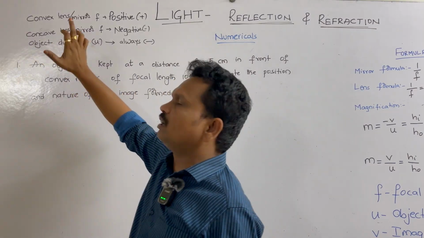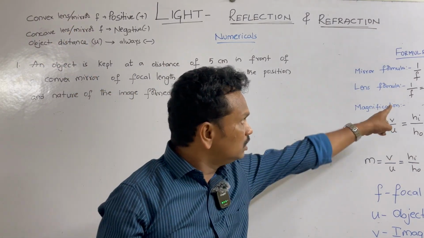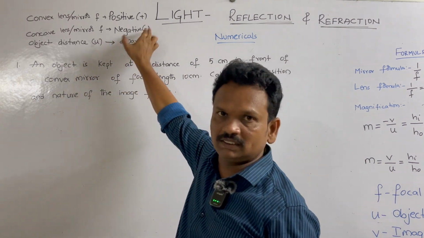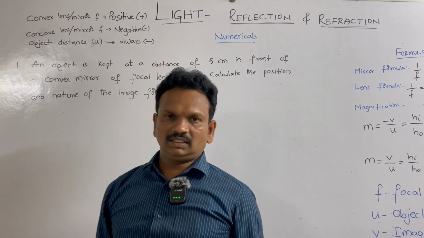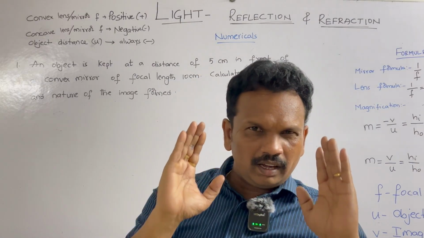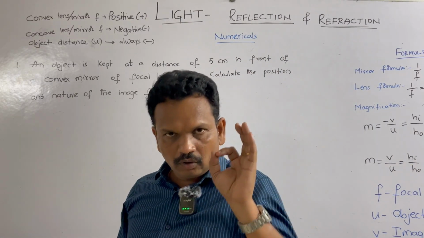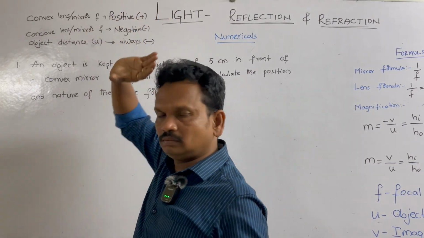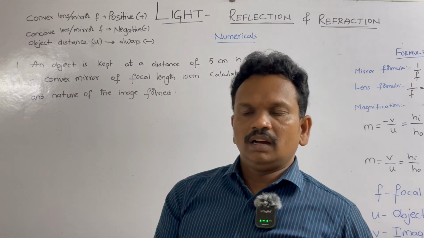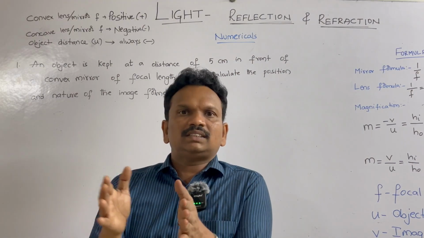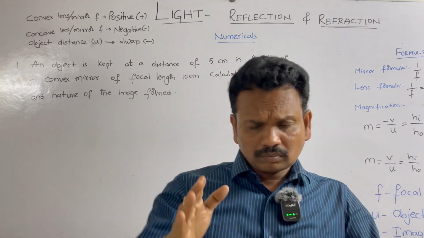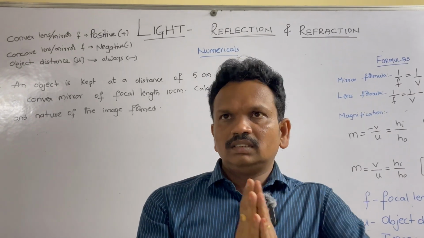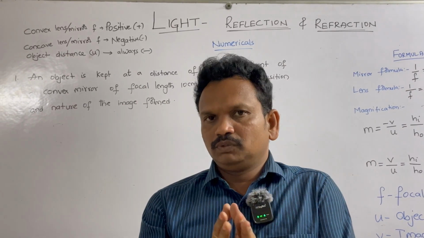Concave lens or mirror, its focal length f is negative, meaning minus. Object distance u is always negative. Before starting numerical problems, these are the steps we need to take: sign convention. Image distance varies depending upon mirror and lens. We can't say individually which one is positive and which one is negative.